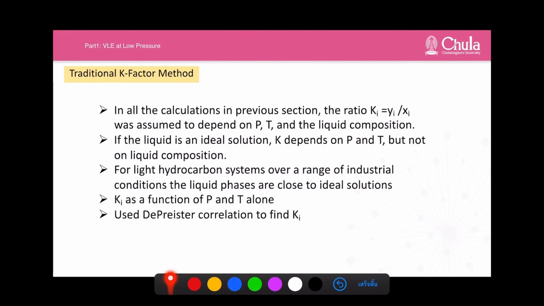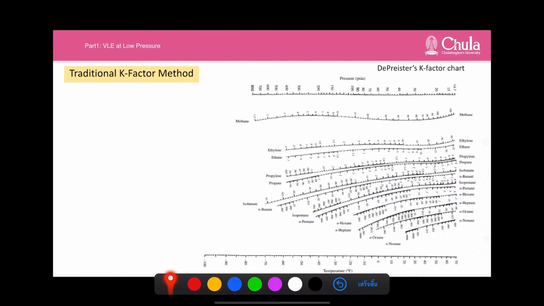Okay, and we use the De Priester correlation to find Ki. The De Priester K-factor chart is something similar to this one. Okay, if you know the temperature and you know the pressure, you draw a line from your specified pressure and temperature.